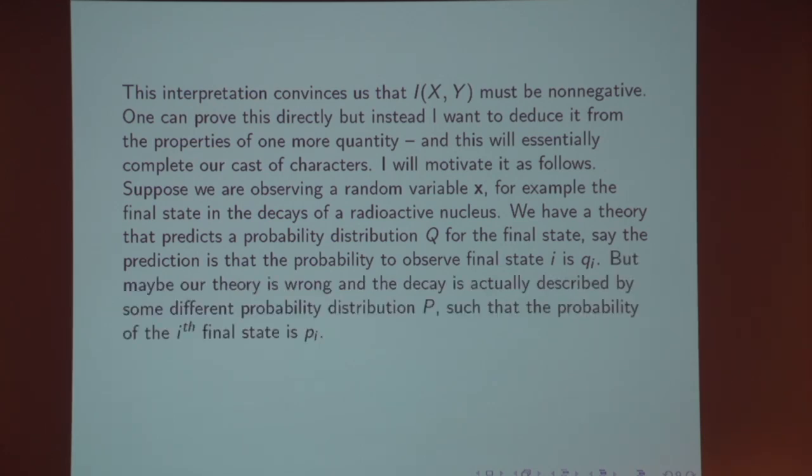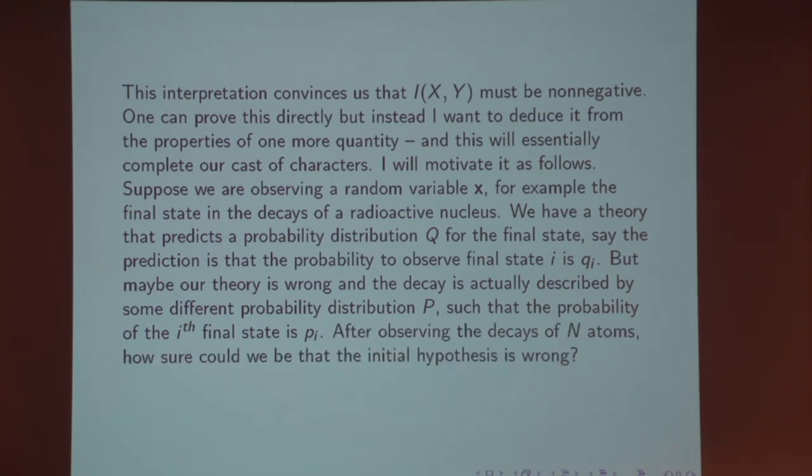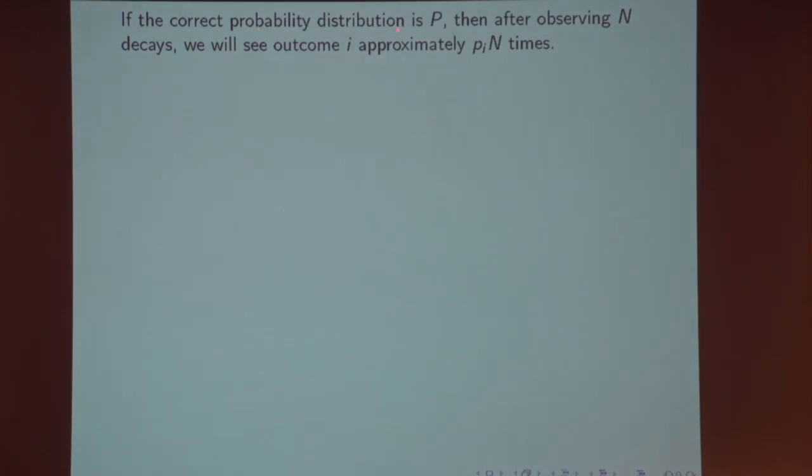However, our theory might be wrong, and maybe the decay is actually described by a different probability distribution P, with a probability P sub i for the ith final state. After observing the decays of n atoms, how sure could we be that the initial hypothesis is wrong? Well, if the correct probability distribution is P, then when we observe n decays, we'll see the ith outcome approximately P sub i times n times.